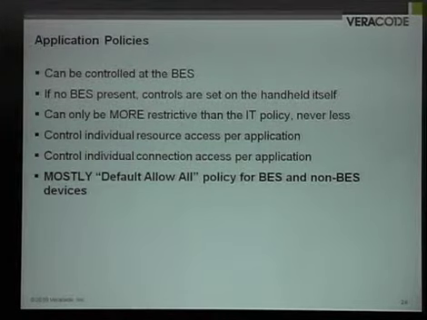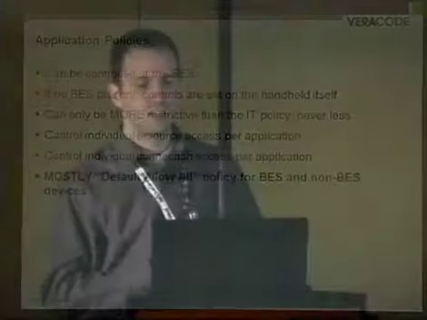The policies can be more narrow and secure, but never more lax. App policies are typically used to enforce resource and connection type activities on a per application basis. And this is where the end user should be responsible for ensuring that their applications are not accessing resources outside of the expected norm. Again, these are mostly default allow policy across the board.